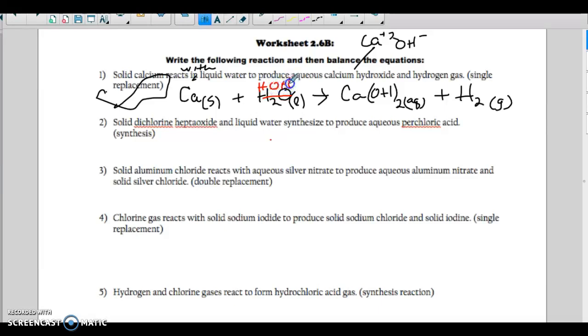So then I can balance this OH with this OH, and I'm going to balance this hydrogen with that hydrogen. So you can start at either one. You can see that I have 2 OHs here. I want to have 2 here, so I'd have to put a 2 in front. So now I have 2 OHs and I have 2 hydrogens. Over here I have 2 hydrogens and I have 1 calcium, so I'm balanced.